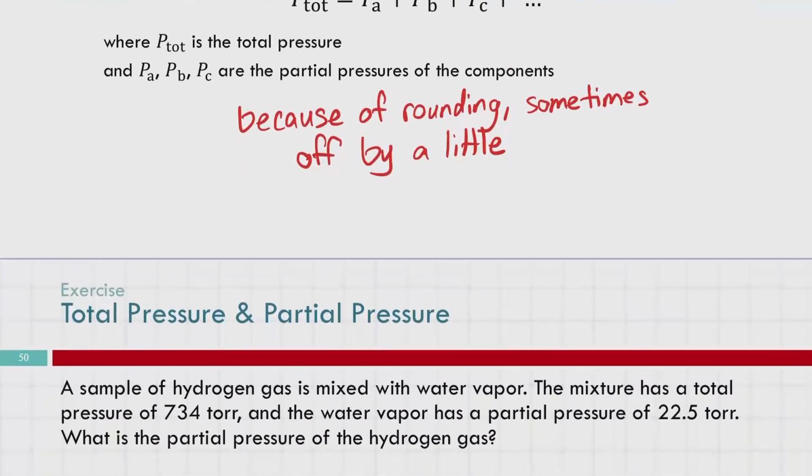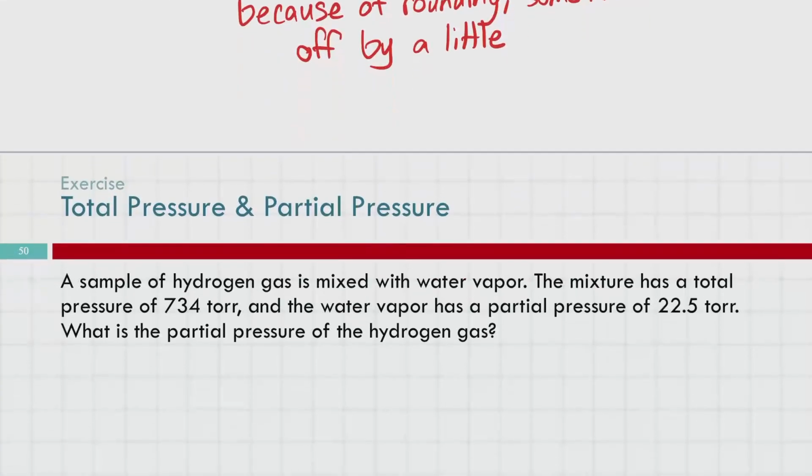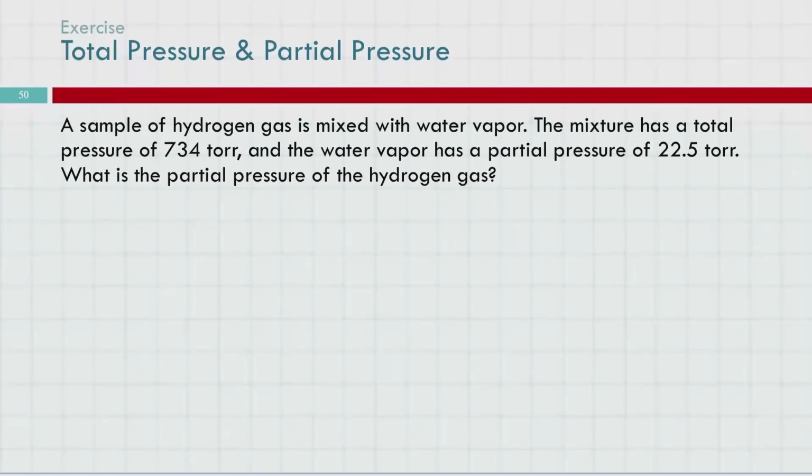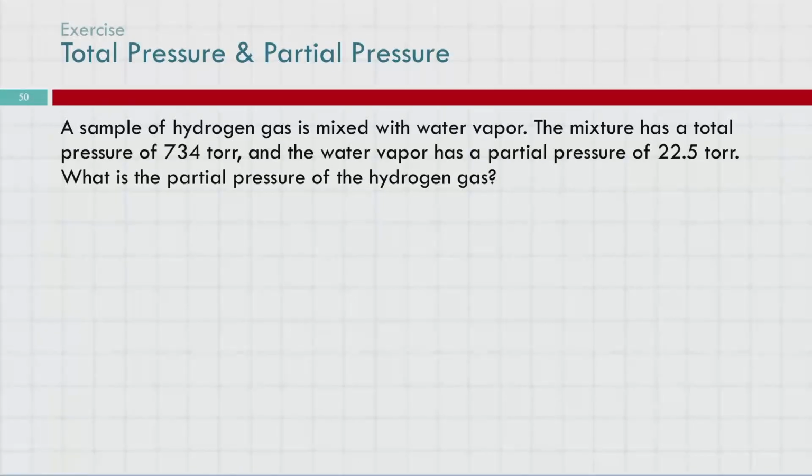All right, let's say in some crazy universe, we have a sample of hydrogen gas and that's mixed with water vapor. Who could imagine it? For the people in the Tuesday lab, that's literally what we did. Or for the people in the Thursday lab, that's what we do in the lab. So that's why I'm saying that it's crazy, because who could imagine it? The mixture has a total pressure of 734 torr. The water vapor has a partial pressure of 22.5 torr.